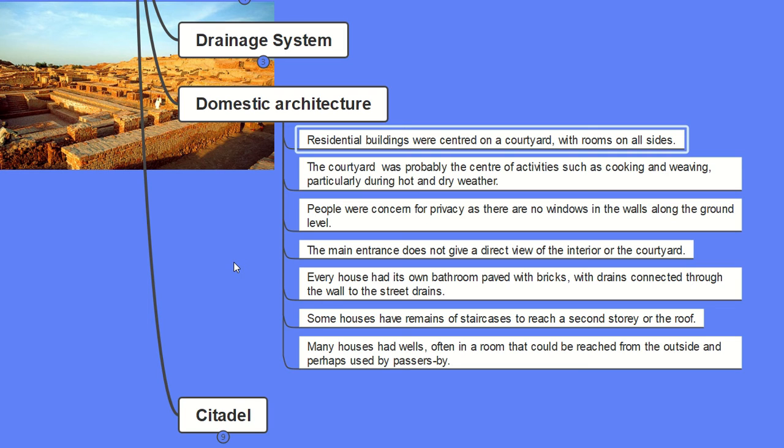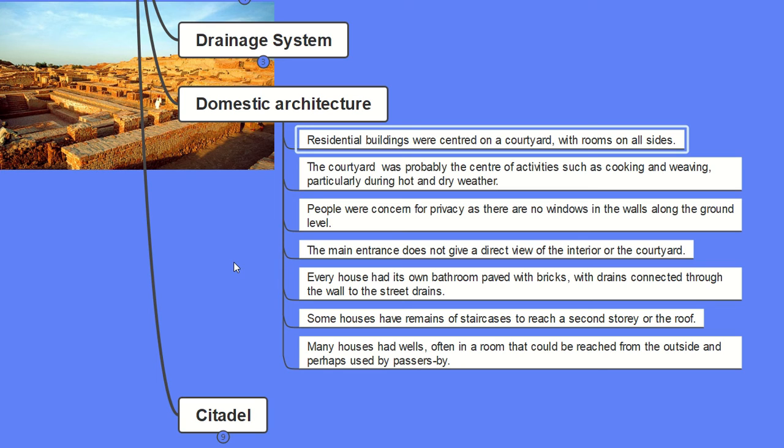The women who were living inside needed privacy. So there are no windows in the walls, and the main entrance does not give any direct view of the interior or the courtyard to the outside people. There they preserved the privacy of the women staying in the house.